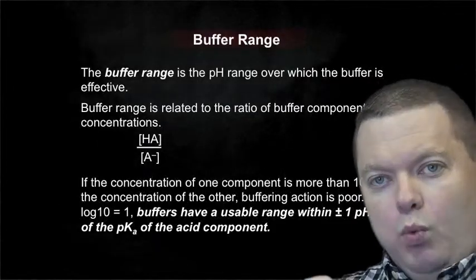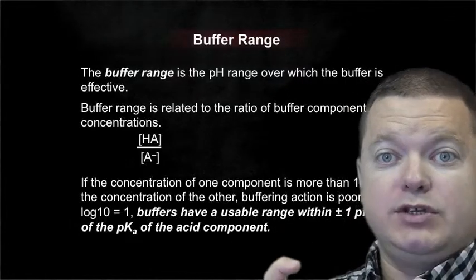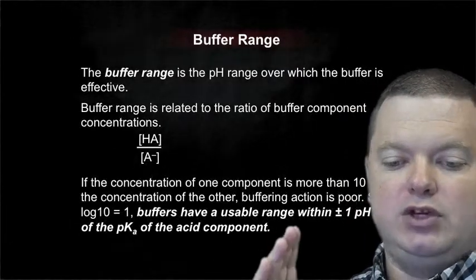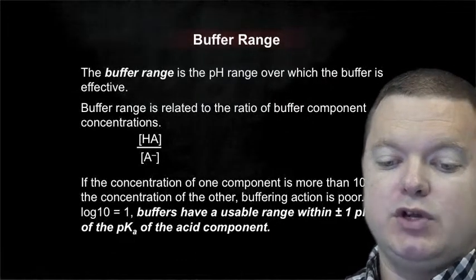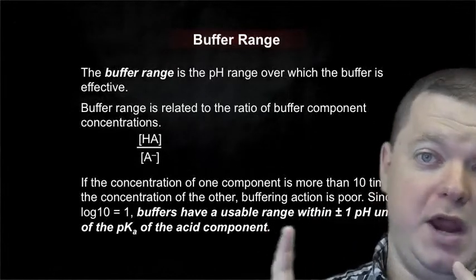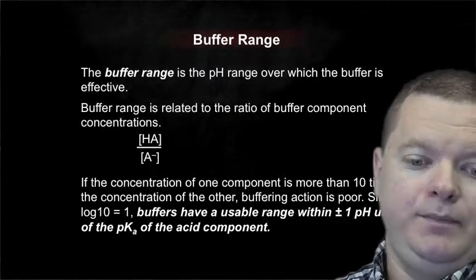Right? If they're equal, they're at the largest potential, but we see the biggest change once one is 10 times the concentration of the other. So our buffers typically have a pH range of 1 unit. Right?